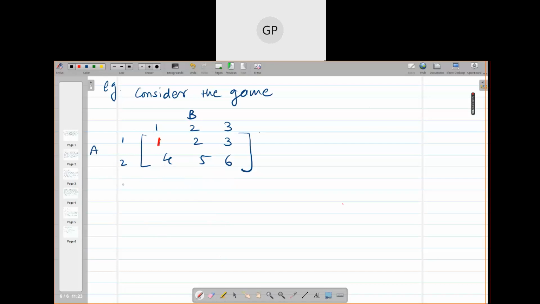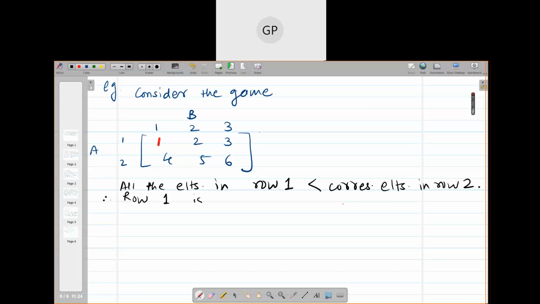See, all the elements in row 1 are less than corresponding elements in row 2, right? Therefore, row 1 is dominated by row 2.